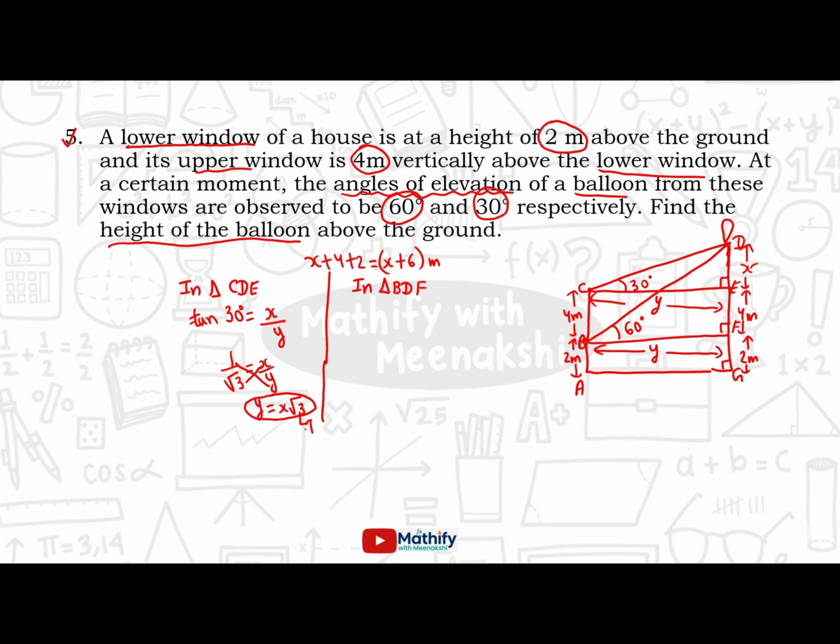Mark this as 1. Now, in the second triangle also we'll use tan, but here the angle is 60 degree. Tan 60 degree is equal to perpendicular upon base. Here perpendicular is x plus 4 and base is again y. What is tan 60? It's root 3. Root 3 is equal to x plus 4 by y. Now, put the value of y here, using 1, that is x root 3.